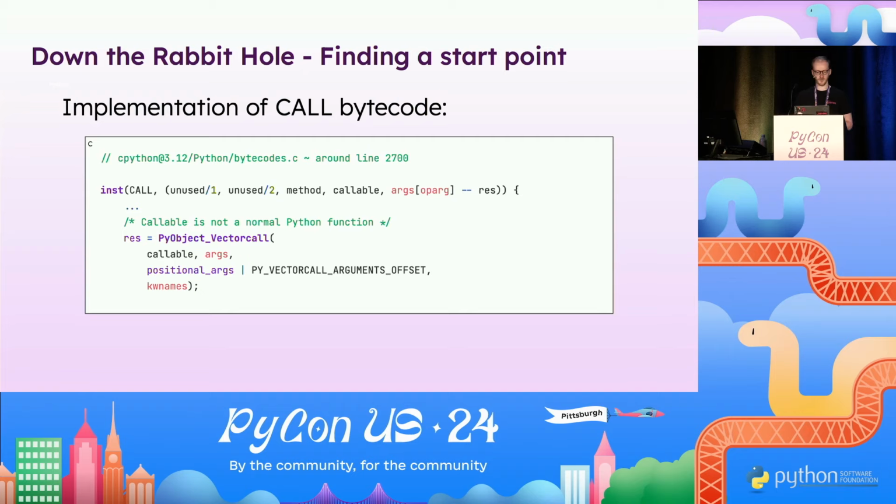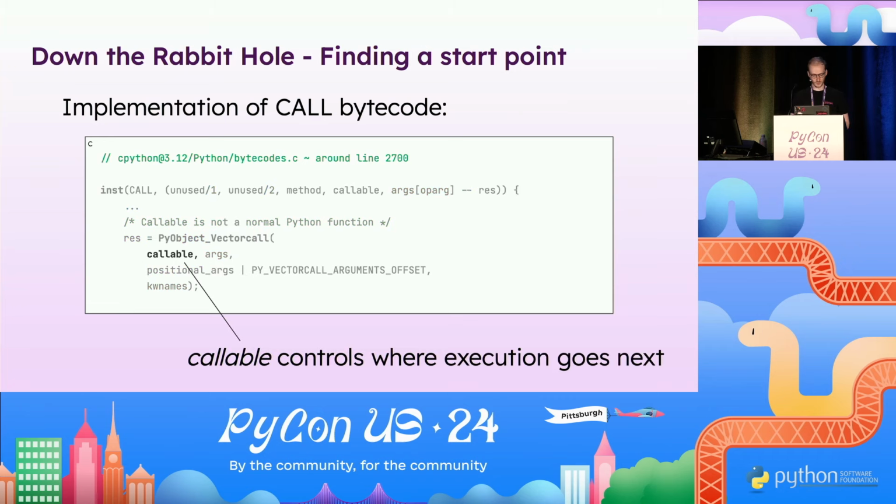And it passes it 4 arguments: callable, which is going to be the function in question that we're trying to call, and then args, a value called positional args, ORed with some long flag that I'm not going to read, and keyword names. We'll worry about the actual values being passed around here in a moment, and we'll look at callable in some more detail, which controls where execution goes next.